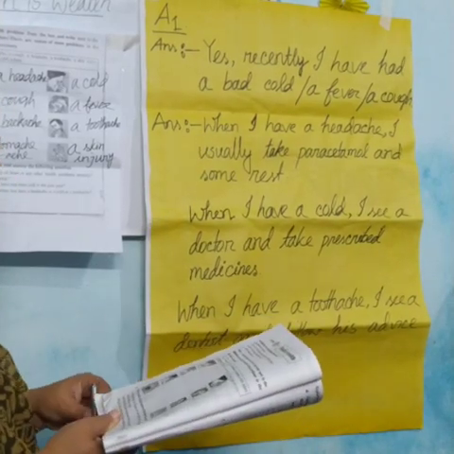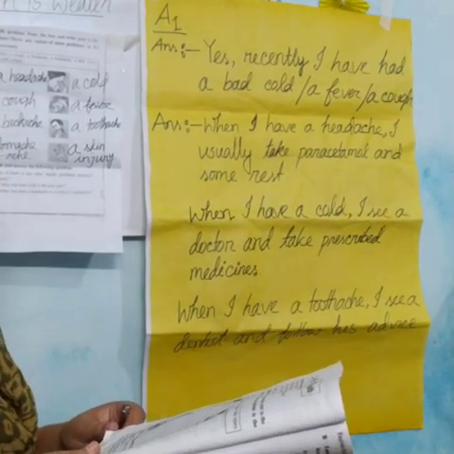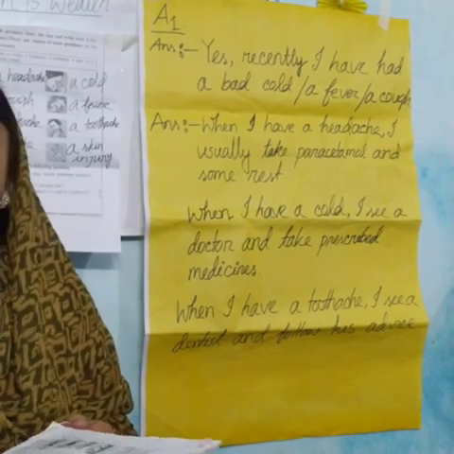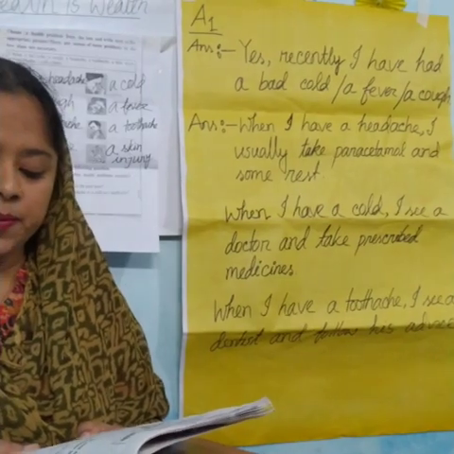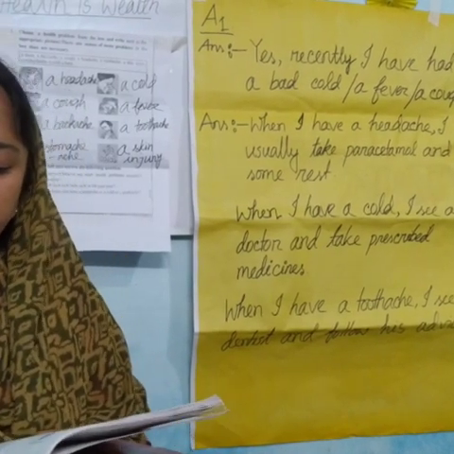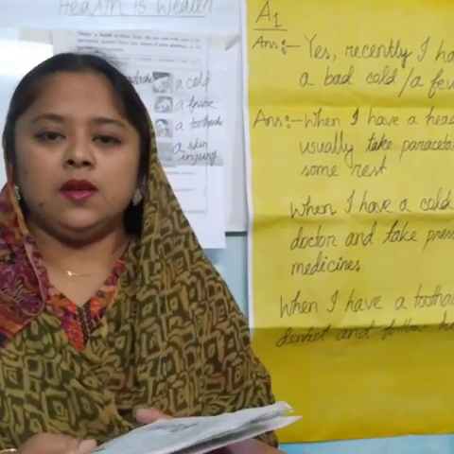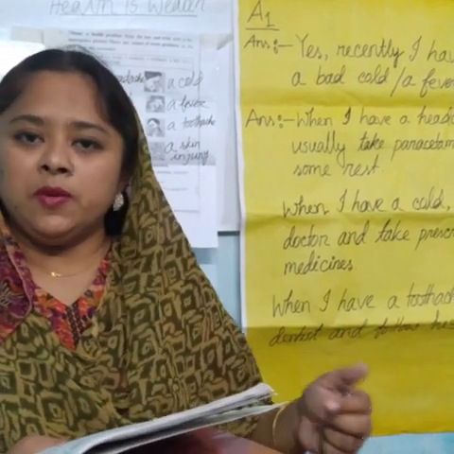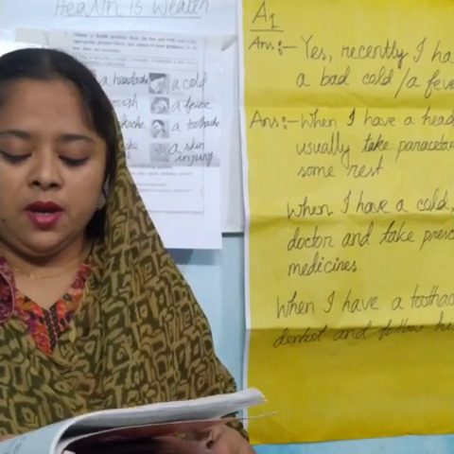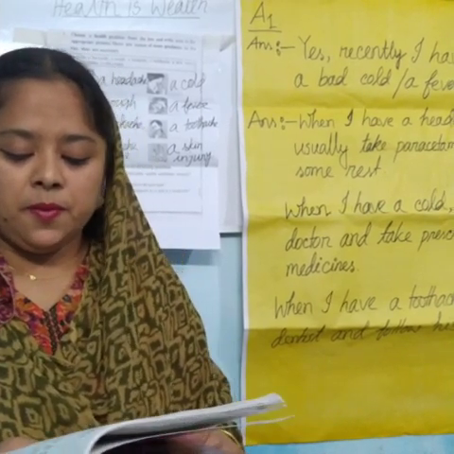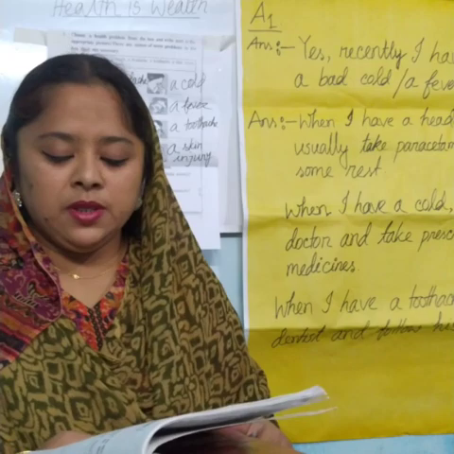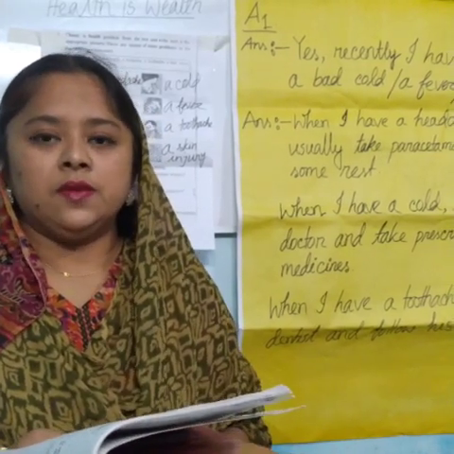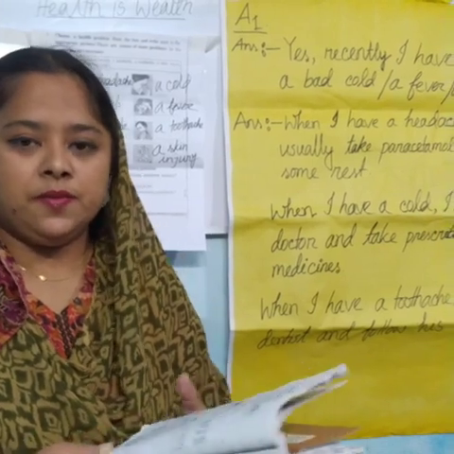Next question is, how many times have you been sick in the past year? The answer will be, I have been sick 3 times in the past year, or you can say, I have been sick 2 times, or twice, in the past year.